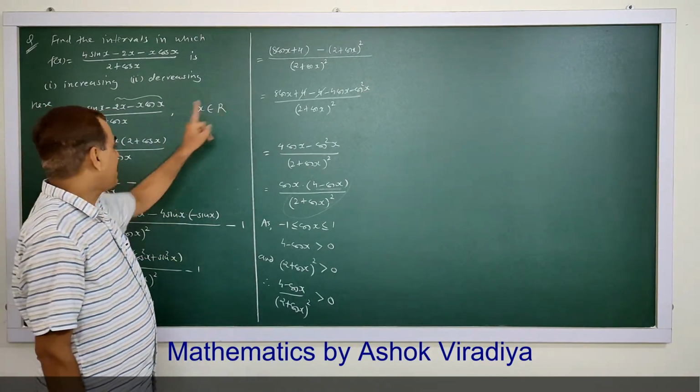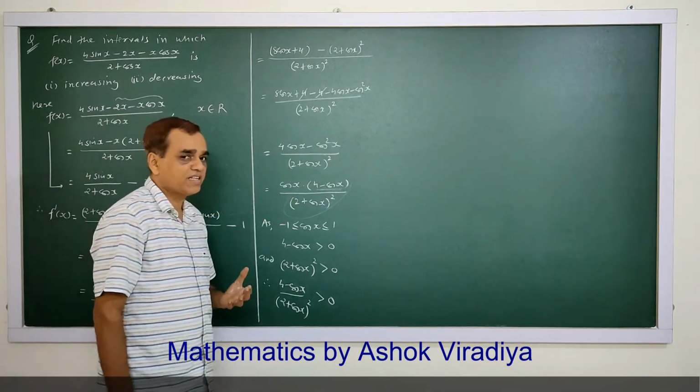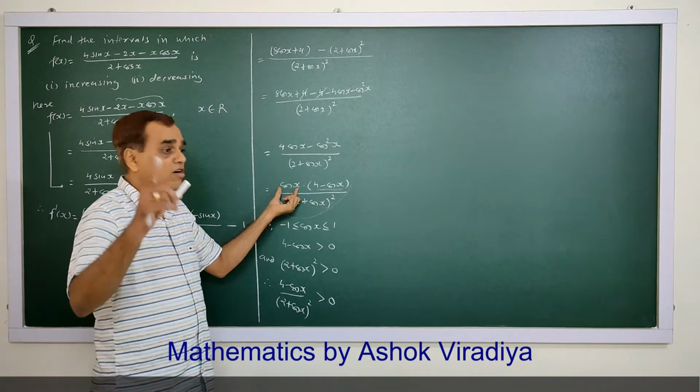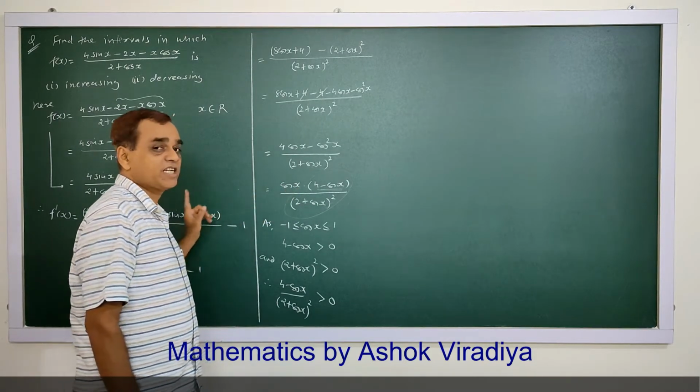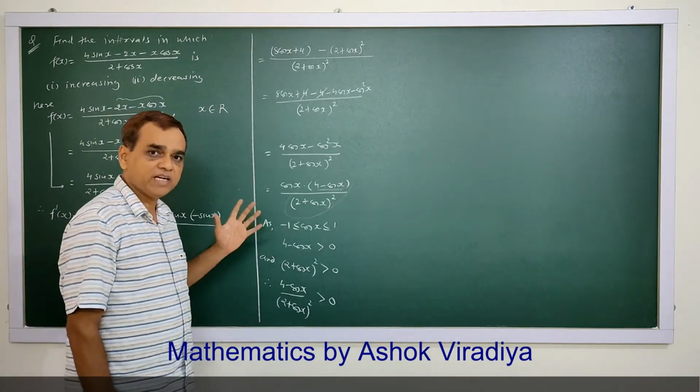So the sign of f dash x depends on the sign of cos x. So when cos x is positive, f dash x will be positive, and when cos x is negative, f dash x will be negative.